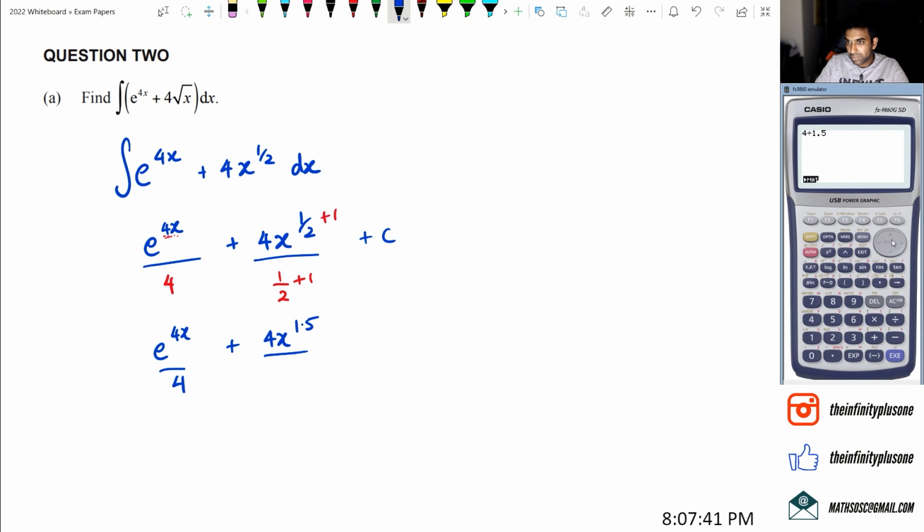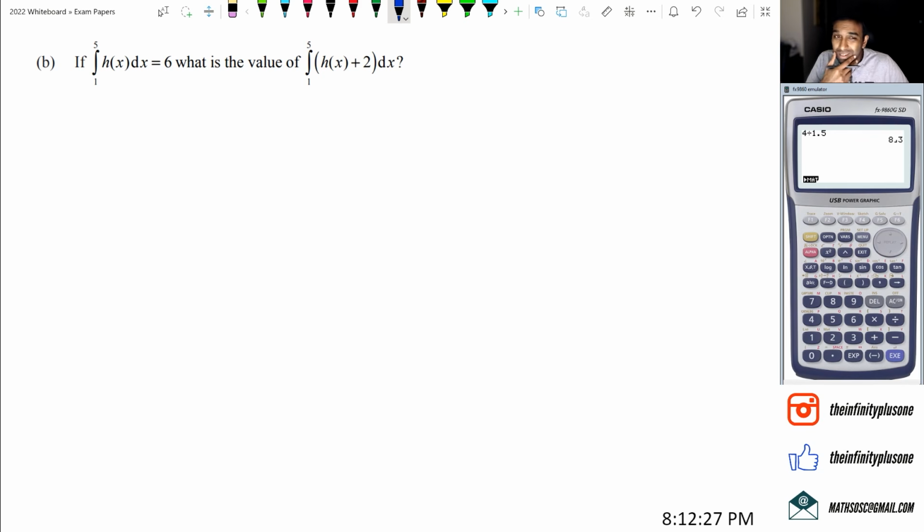Let's just try this: 4 divided by 1.5, 8 over 3. So we're going to put that as 8 over 3 plus c. Now, you don't necessarily need to do that as 8 over 3. You could have left it as in that second line, what I did. Plus c is not required, so you will get an achieved for this particular question, getting up to there.